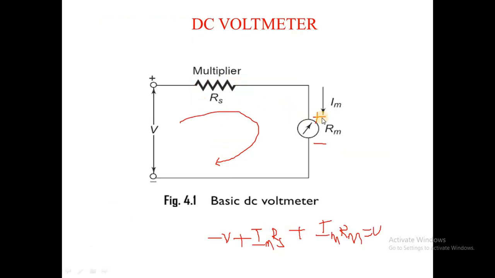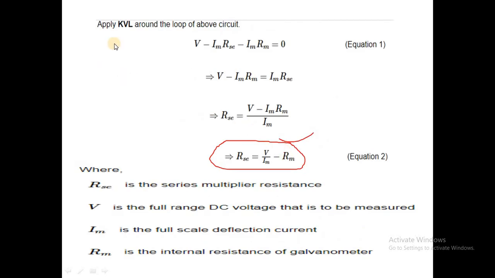Why? Because we are connecting this resistance in series with the PMMC galvanometer in case of a DC voltmeter. If you take the ammeter, this same resistance will be connected in parallel with the galvanometer. So by applying this KVL loop equation, we obtain the series resistance Rs equal to V by Im minus Rm.